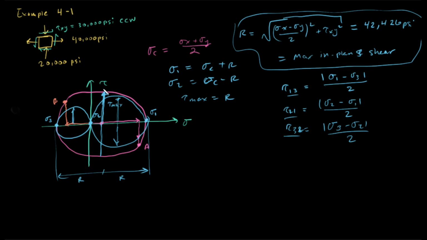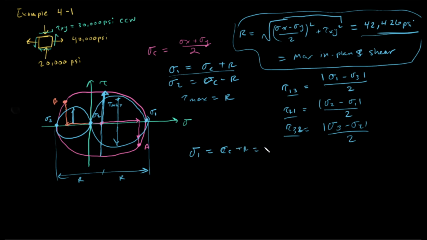And then if we do that and we calculate that, we find that the max in-plane shear stress is this value here, which is that radius, and then we can find our principal stresses. Our principal stress is just equal to the center, sigma c, this equation up here, plus the radius.